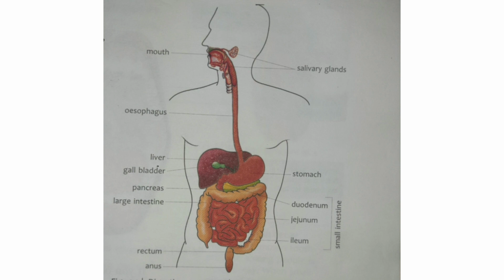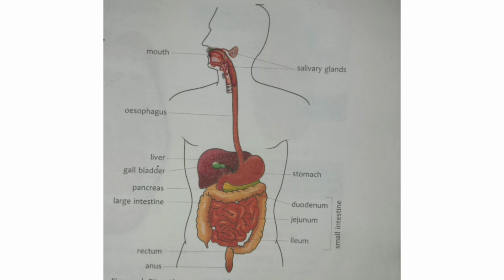You can see the stomach comes after the long 25 centimeter esophagus, and it is a sac-like structure where the food can be stored for some time. In this video we are going to learn about the stomach, the small intestine and the large intestine, rectum and anus.